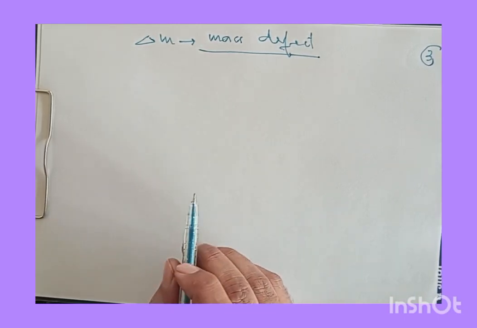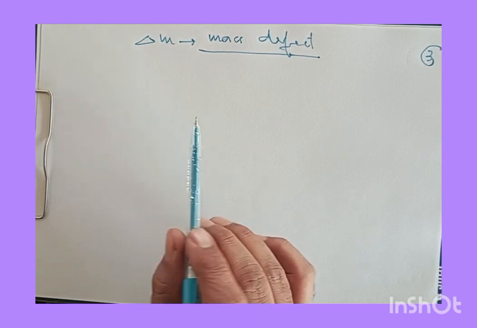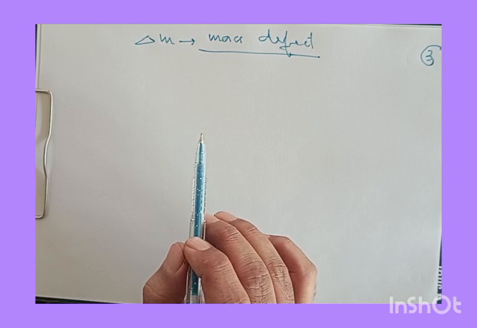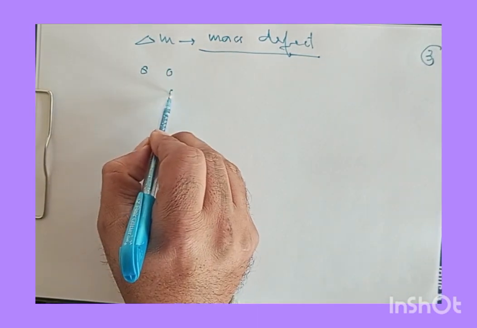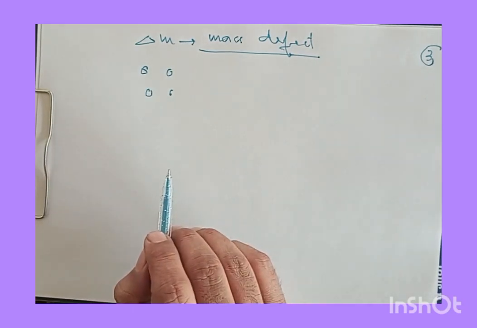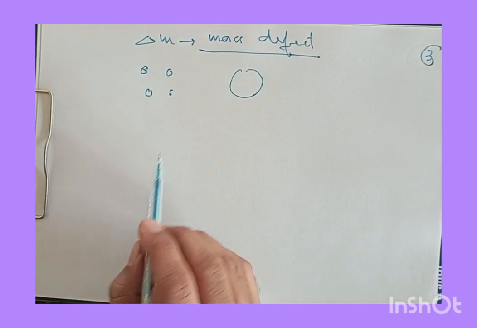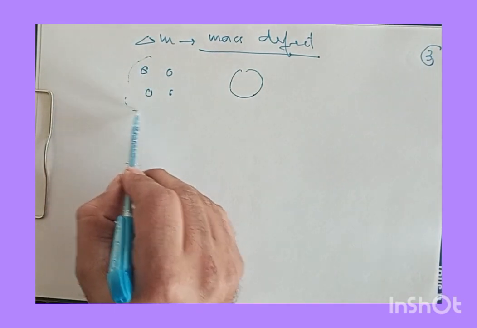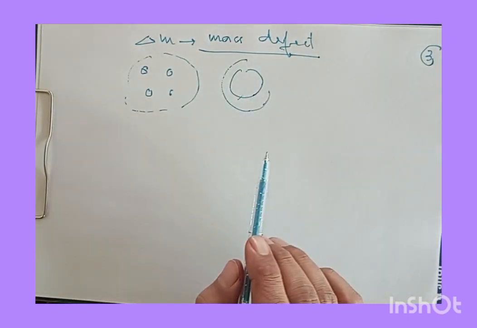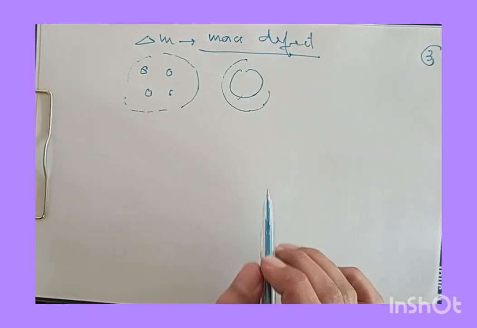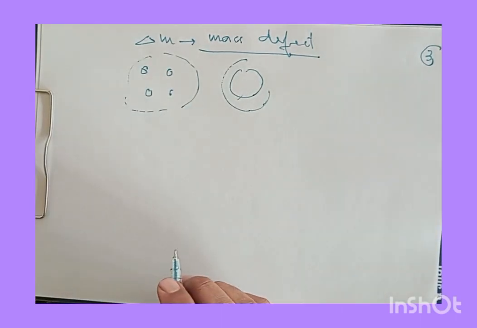So this delta m is basically the difference between the mass of the constituent nucleons of a nucleus in the free state and the mass of the nucleus. So the mass of the separate nucleons and the mass of the nucleus, subtract the two, and what we get is the mass defect. And this mass defect is symbolized as delta m.